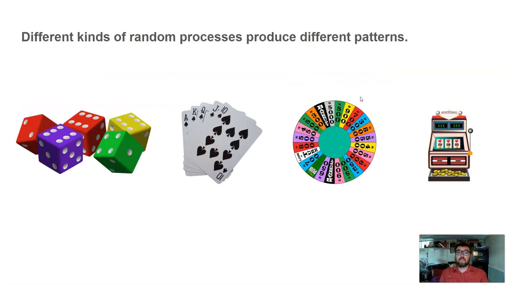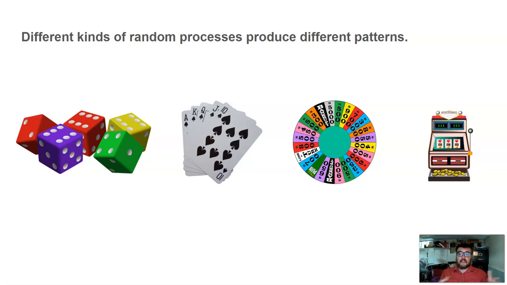So different kinds of random processes can be thought of as different machines that produce different patterns. If you roll a bunch of dice and add the numbers that are on top up, you get different combinations of results, and some results are more likely than others. Dealing a hand of cards is a different random process than spinning a wheel or pulling a lever on a slot machine.